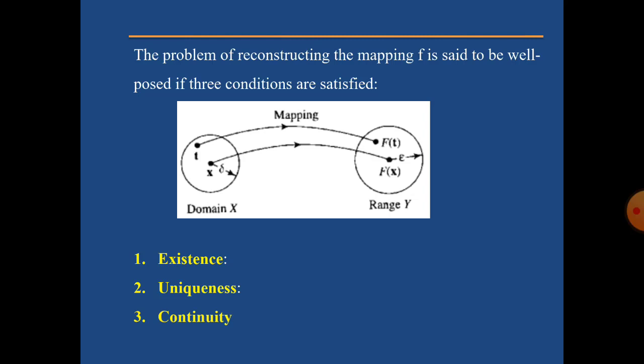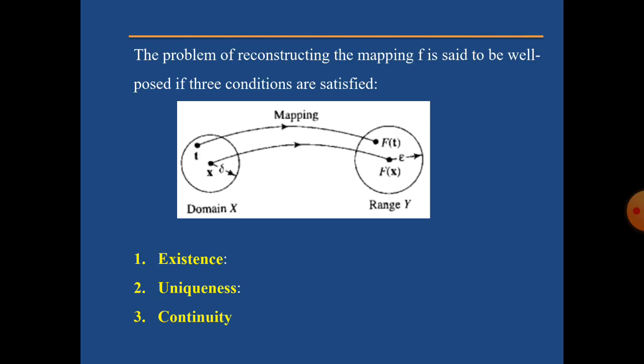F of x equal to f of t happens if and only if x equal to t. When x equal to t, only at that time f of x will be equal to f of t. That is what the uniqueness condition says.